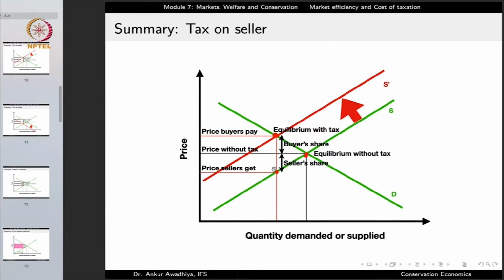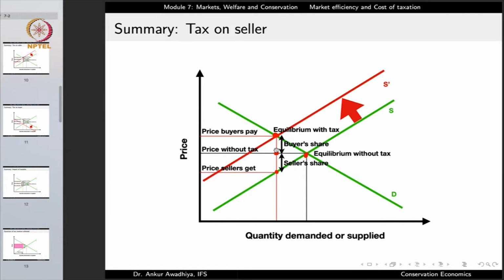Now out of these 50 paise, the sellers are paying a share that is given by the difference between the original price that they were getting and the new price that they are getting. And the buyer's share is given by the new price that the buyers are paying minus the old price that they were paying.